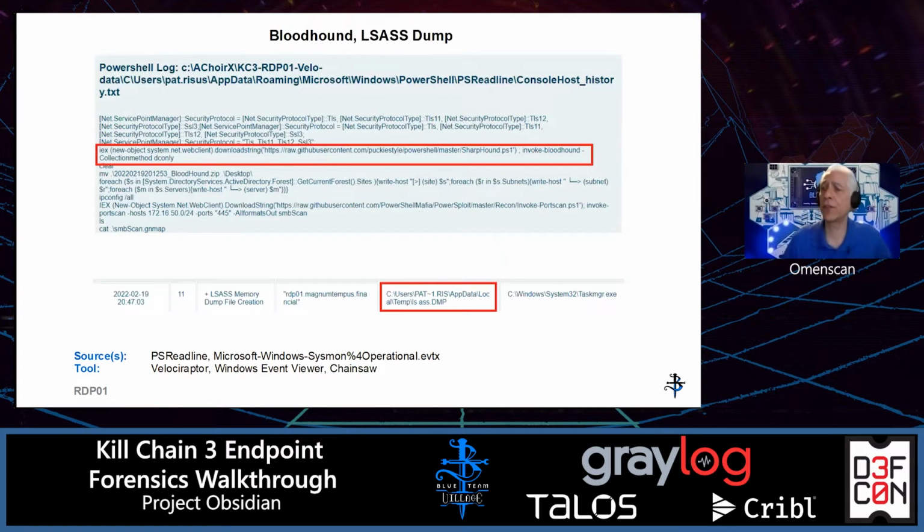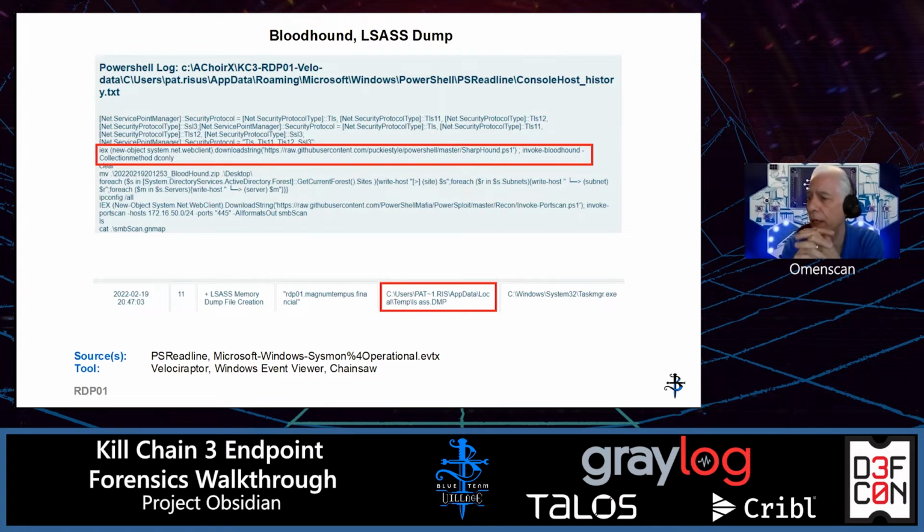Diving into some of the evidence, the first place we're looking here is at Pat Reese's PowerShell console history. And again, we see that they used the Bloodhound tool to scan the environment and find vulnerabilities in Active Directory.